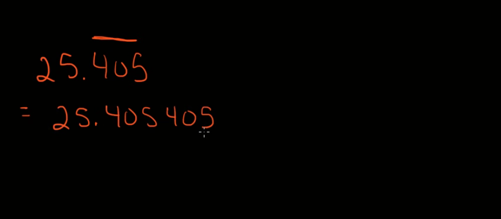Y'all see why I did that? Because the 405 is repeating, and I have to go over 5 places. There's 1, 2, 3, 4, 5. That's the last spot in my answer. This number here is going to determine if that 0 stays a 0 or becomes a 1. And because of the rules of rounding, Emma, what is that 0 going to be? Is it going to stay a 0 or be a 1?